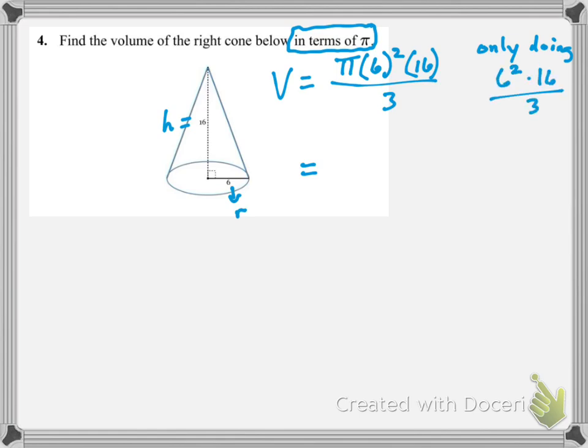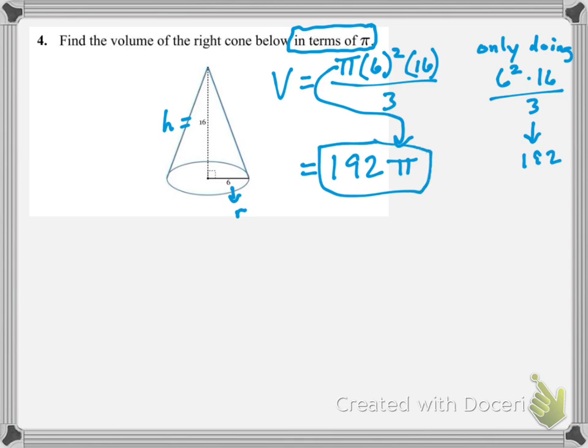That's it. Okay, so that gives me 192. So I come over here, 192, and then pi just comes down here. That's our answer. Okay, so again, be careful. Read the problem.